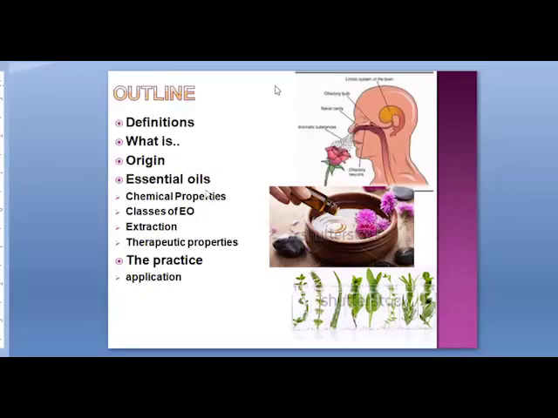And then classes of essential oils, extraction, therapeutic properties, and then the practice itself. Okay, so that's the outline of this topic. So let's quickly go into definitions.